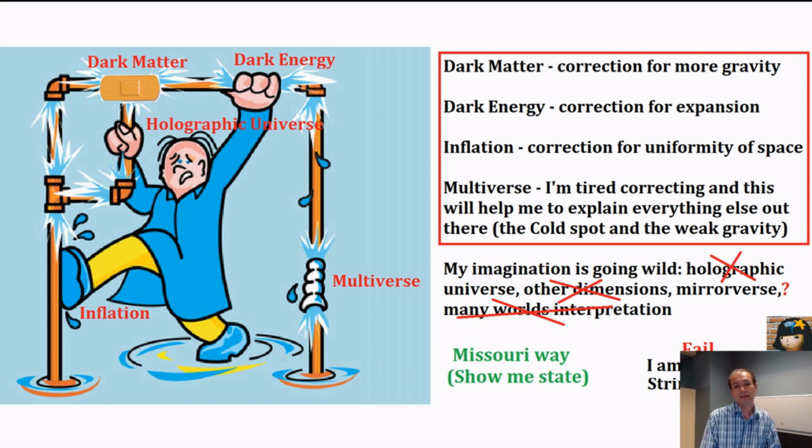And yes, Missouri is a state in the United States with the slogan "Show Me State." So show me, and then I will trust you. So what we're left with is really multiverse. That one specifically, in the interpretation using some math from string theory and math from the standard model.